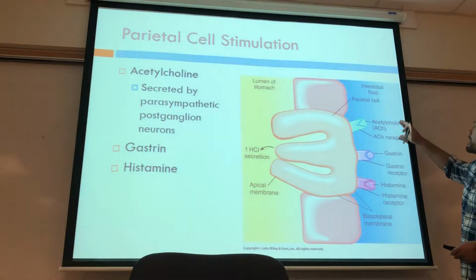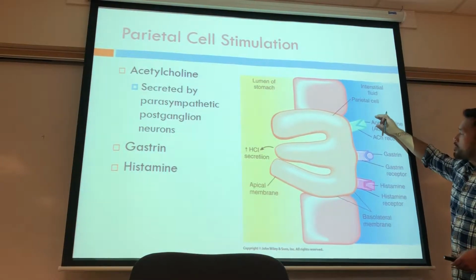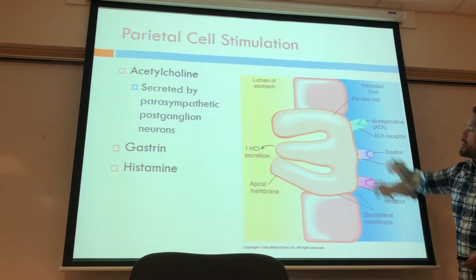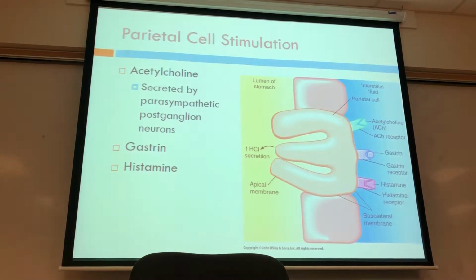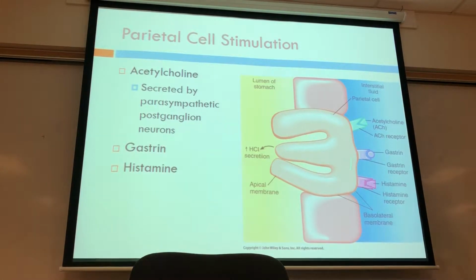As acetylcholine makes its way through, it'll come in and activate and turn on our parietal cells. Parietal cells will then undergo the process of creating hydrochloric acid, and that contributes to the low pH of the stomach.